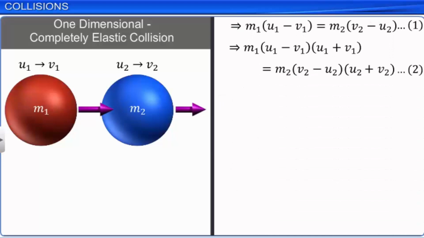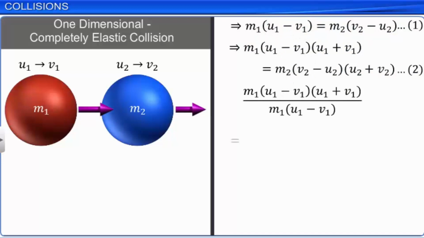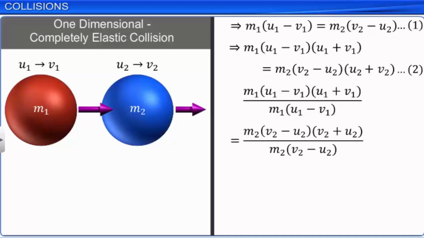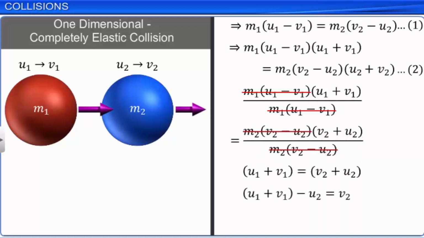Now, dividing equation 2 by equation 1 and simplifying, we get u1 plus v1 minus u2 is equal to v2. Let this be equation 3.